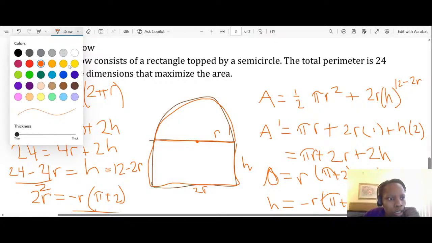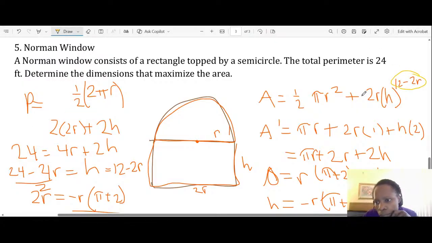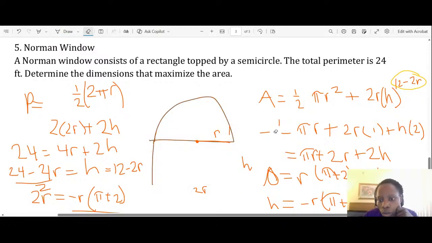And I'm going to change the color. And so before I take a derivative, I need to do that substitution. Oopsies.